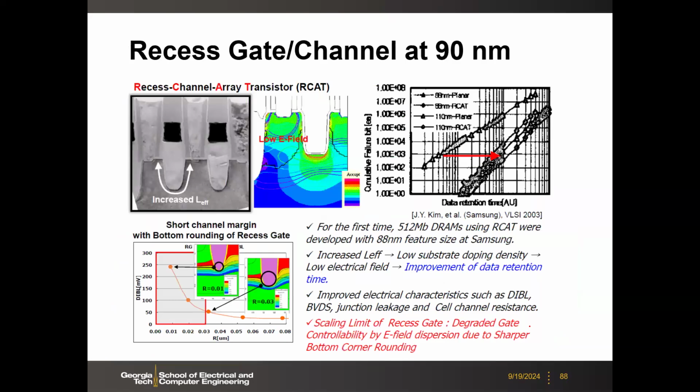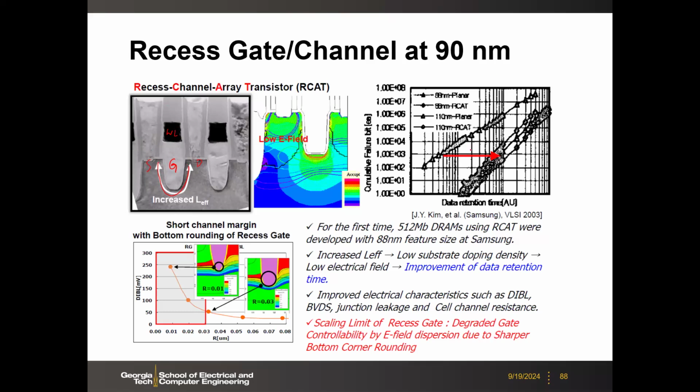First, this recess gate or recess channel was introduced at the 90 nanometer node, and this is also called the RCAT, recess channel array transistor. So we show this recessed channel, right? So then the gate is here, and then your word line is here, and then you have the source and drain, and the channel is effectively increased in terms of the length.